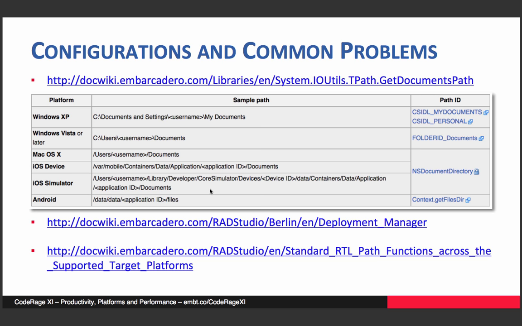So looking at iOS and Android, there are some standards you are going to understand, but the most important thing here is that you should always use functions like get document path to determine where the database will be located. When you use this function on Windows, we will have a result like this one, depending on the version of your Windows. There are some constants from the operating system that determine the result from this call.